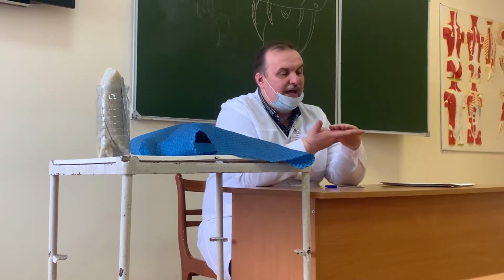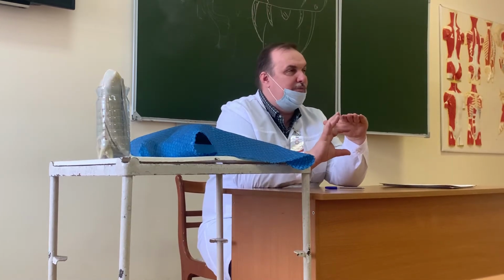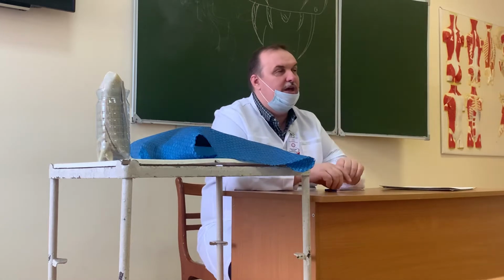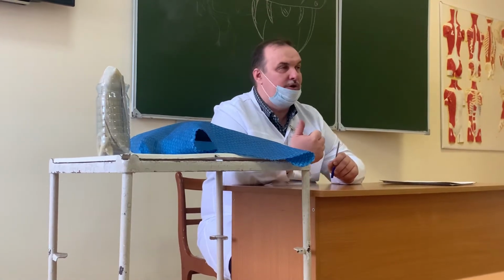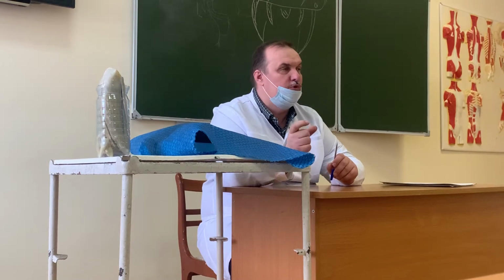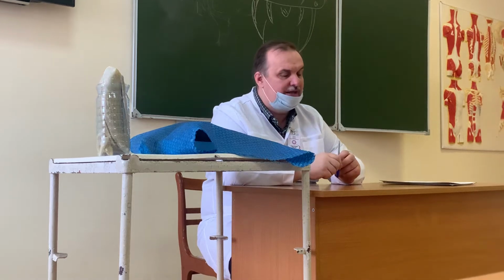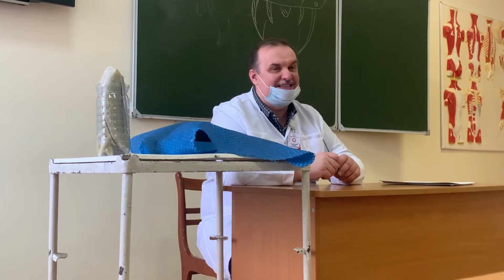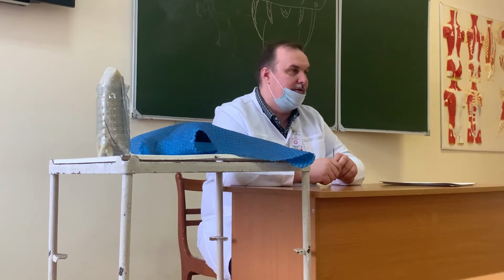And between these two layers of mucous membrane we have 5 muscles. What are they? Musculus palatoglossus, palatopharyngeus, the unpaired muscle of the uvula, musculus tensor veli palatini, and musculus levator veli palatini.